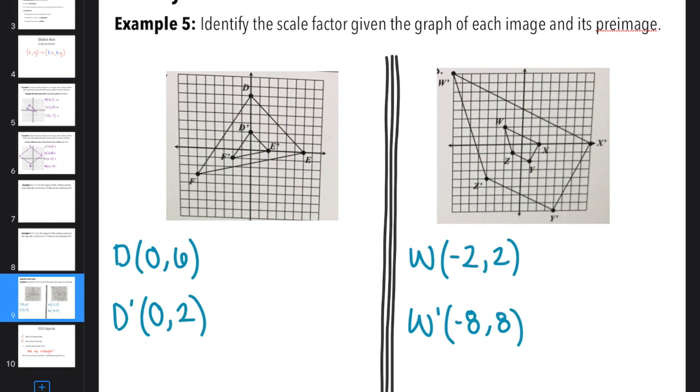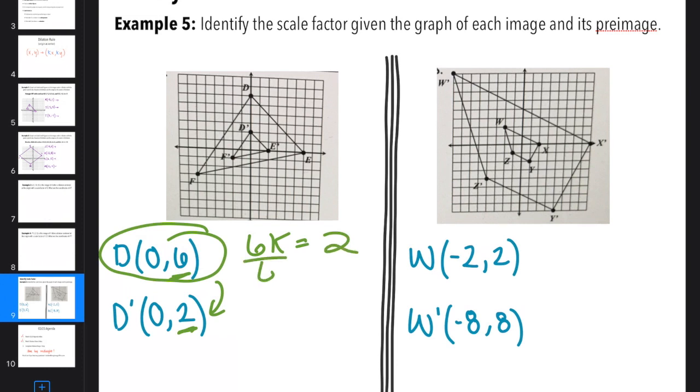All right, I set up the same algebraic equation that I used in a previous problem. So I have my pre-image coordinates. I have my image coordinates. So I know that this set right here was multiplied by k to reach my prime set. So if I have 6k is equal to 2, I can divide by 6 to find k.